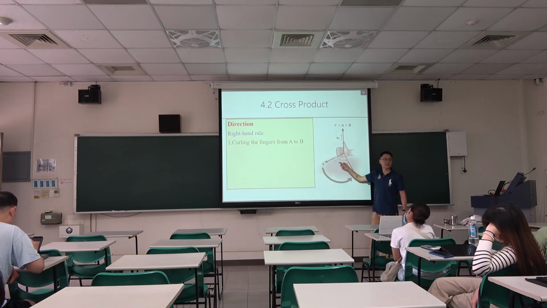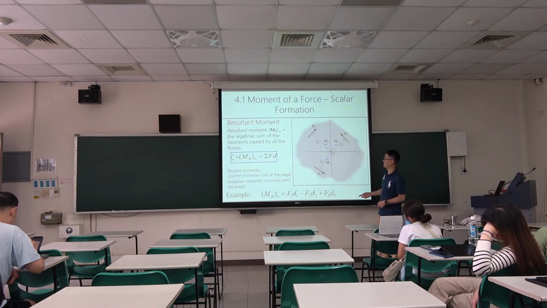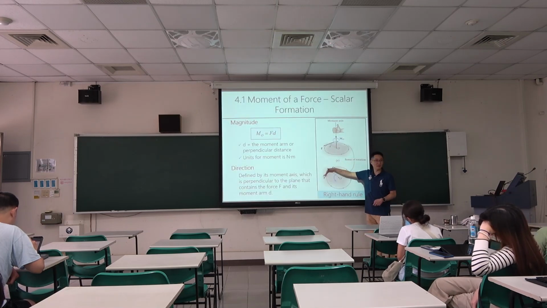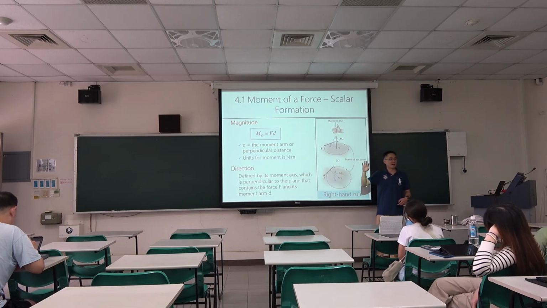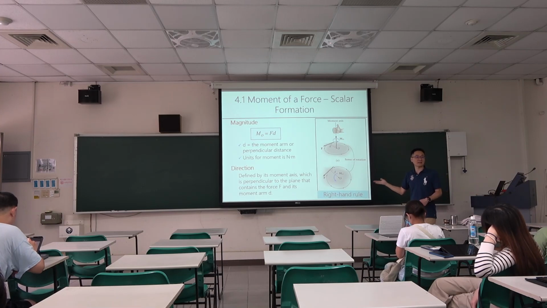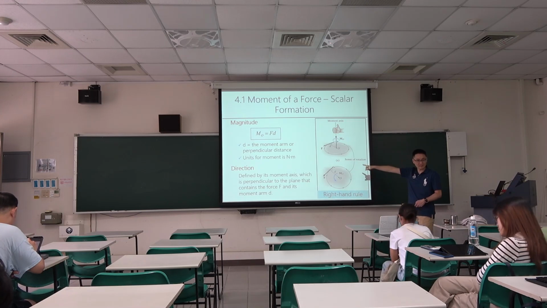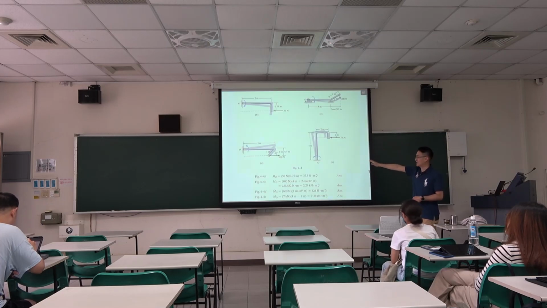So it satisfies our previous concept. When we work out the moment, remember, force, then toward distance, gives us the third direction, the moment. So the cross product helps us deal with this kind of vector problem. That's the reason we introduce this part first. Then we will tell you the cross product can be applied to this part.